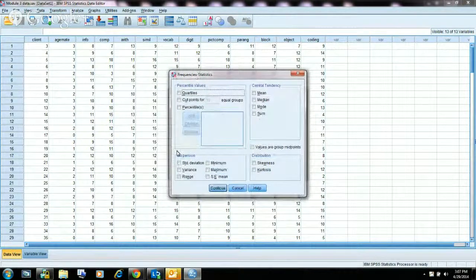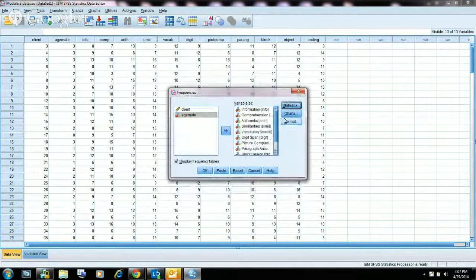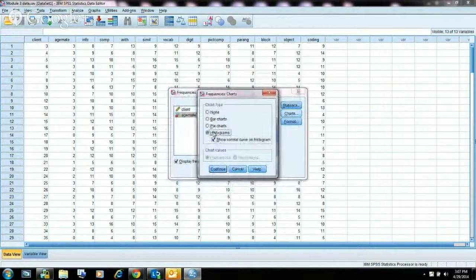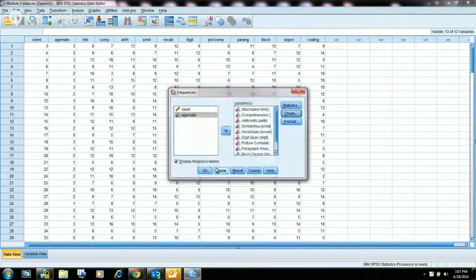I want to look at measures of dispersion, so I'm going to look at standard deviation, variance, standard error. You can choose any of these if you'd like. I'm going to look at measures of central tendency, so the mean, median, and mode, and distribution, skewness, and kurtosis. I'm also going to check off a histogram so I can see what the distribution of my data looks like.